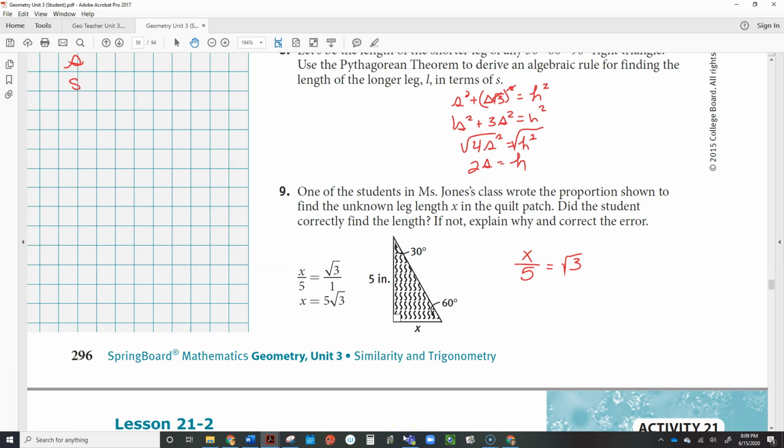Now, they did the square root of 3 over 1. Yes, you can put any number over 1, so I would agree with what they did. Cross multiply, and you get x is equal to 5 square roots of 3. That's how they did that.